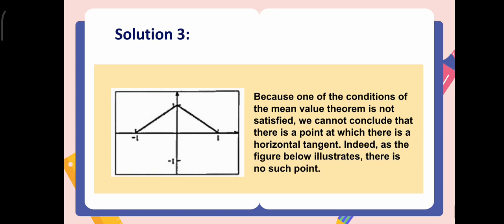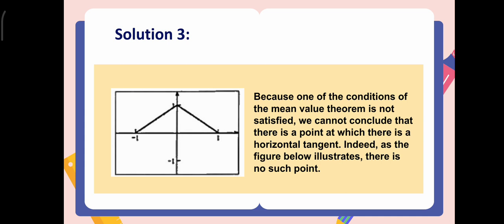Because one of the conditions of the mean value theorem is not satisfied, we cannot conclude that there is a point at which there is a horizontal tangent line. Indeed, as the figure on the left side illustrates, there is no such point.